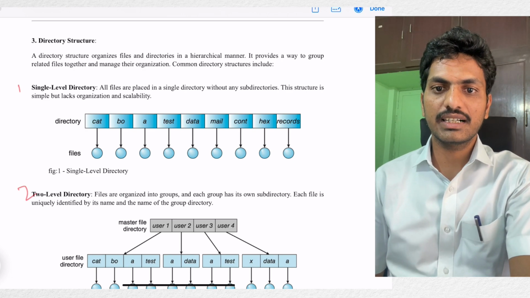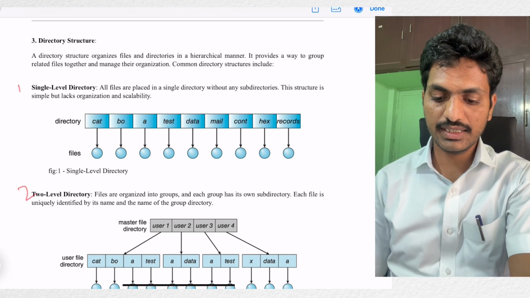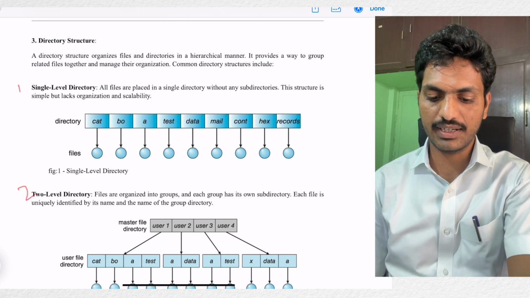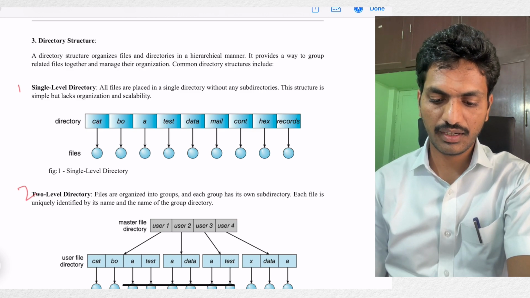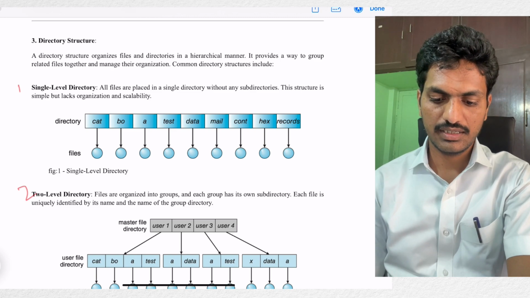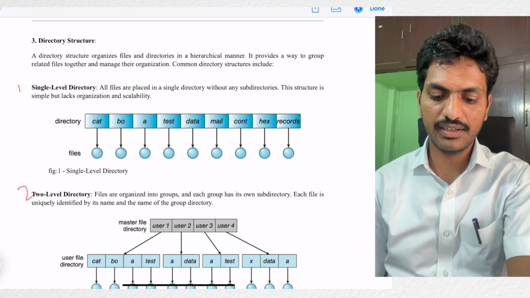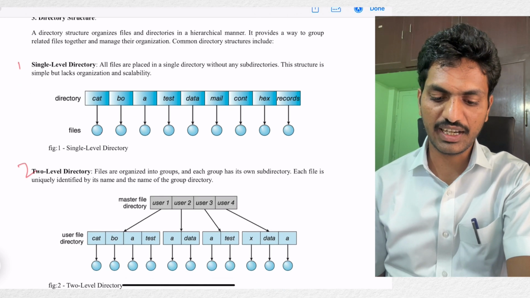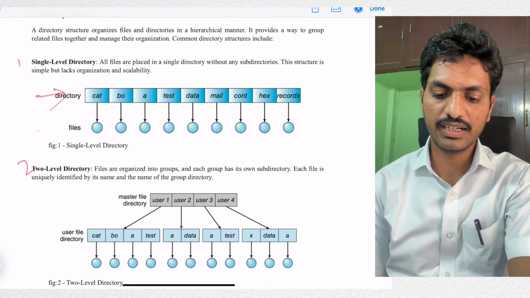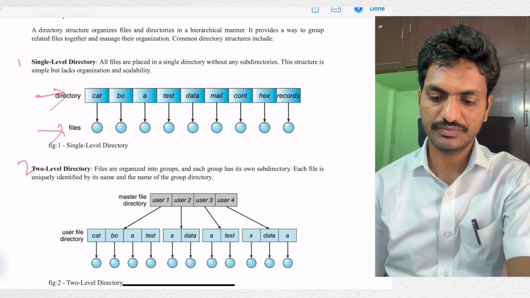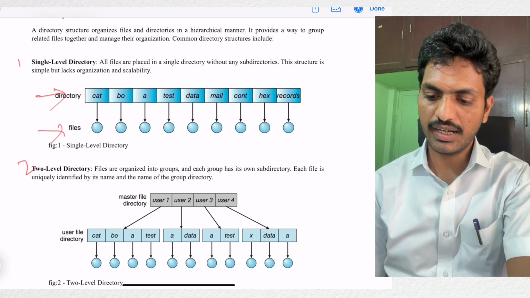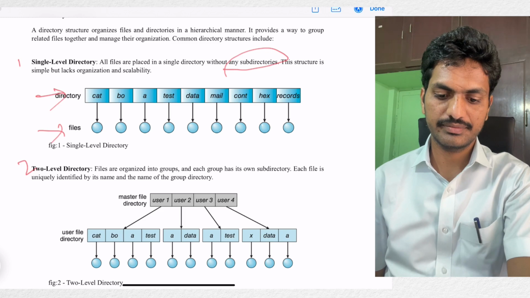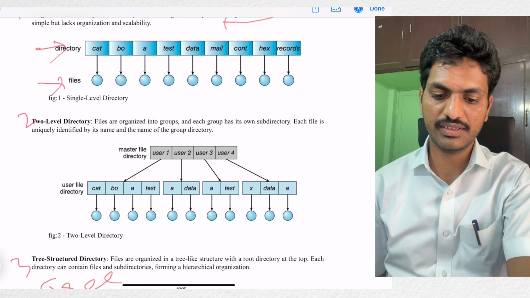Single level directory: only one level is here. Here, cat. Under the cat, what are the files? There is only one level. There is a directory and files. There are no subdirectories. Okay, that is single level.